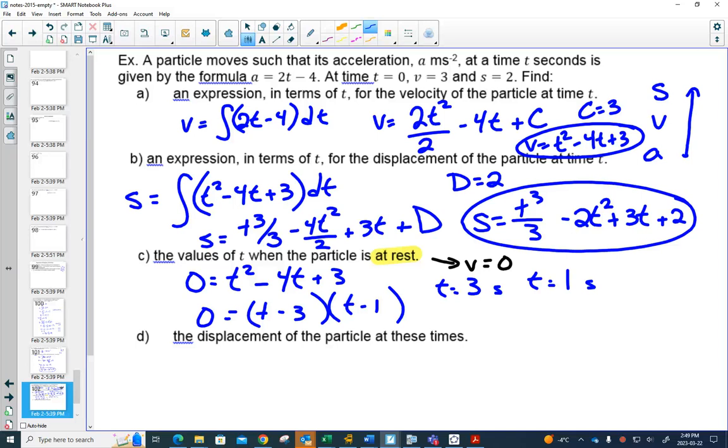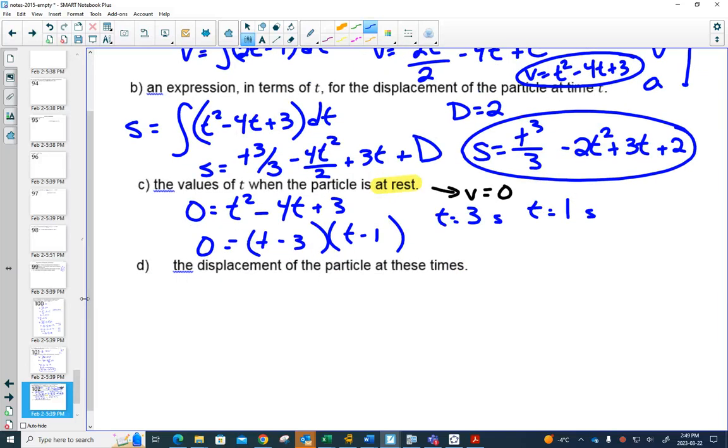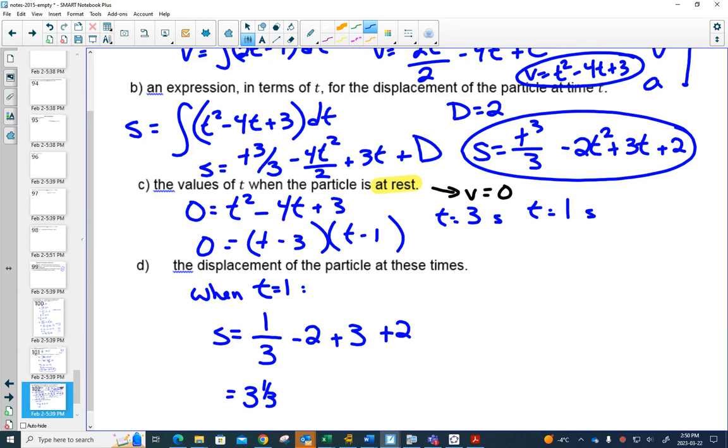And so we need to find the displacement at these times. So let's do t equals 1 first. S would be 1 over 3 minus 2 plus 3 plus 2. As a mixed fraction, 3 1/3.